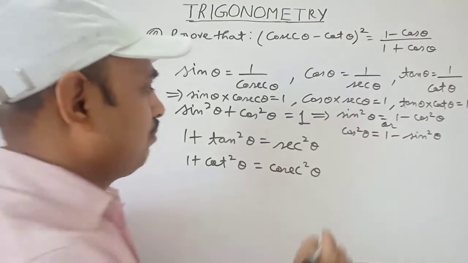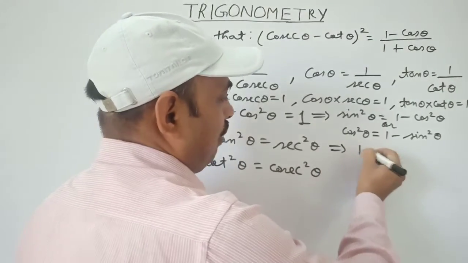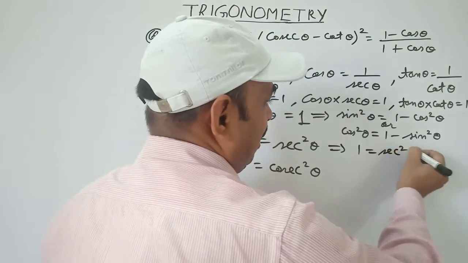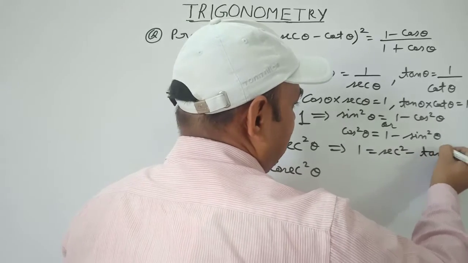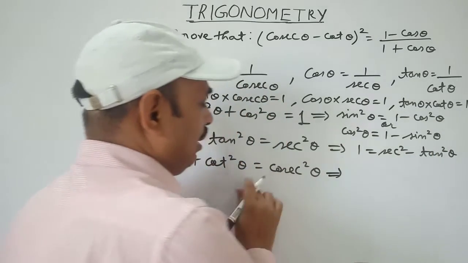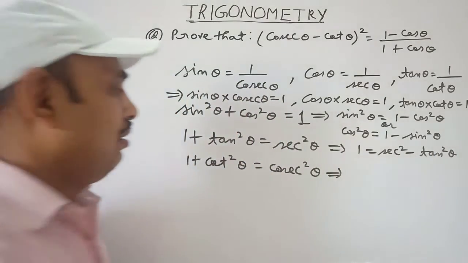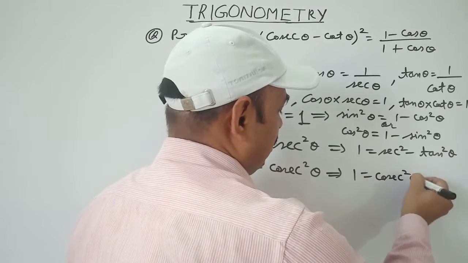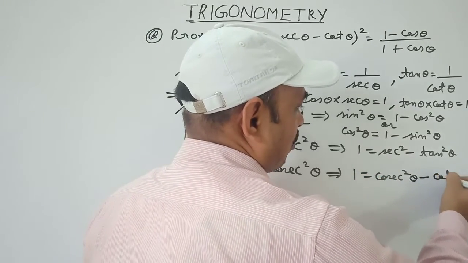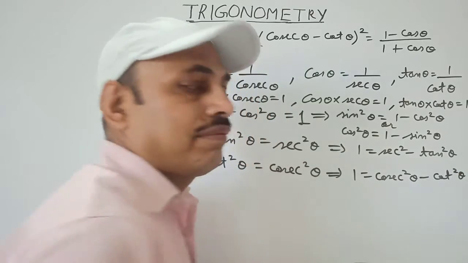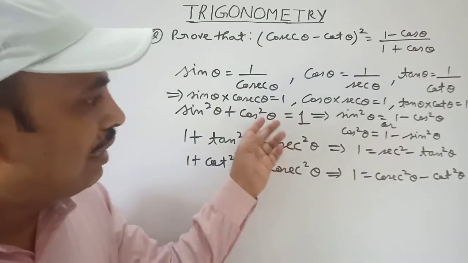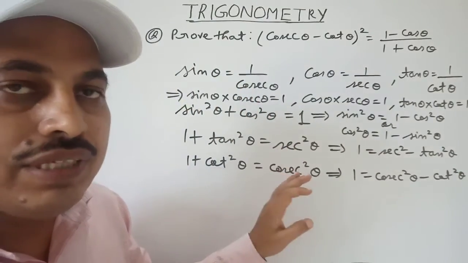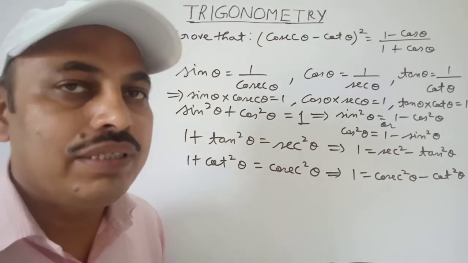From this relation, 1 equal to sec square theta minus tan square theta. By this identity, 1 equal to cosec square theta minus cot square theta. So these are relations and identities which we will use in the coming questions.